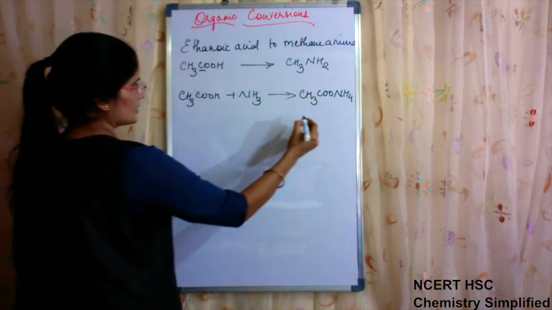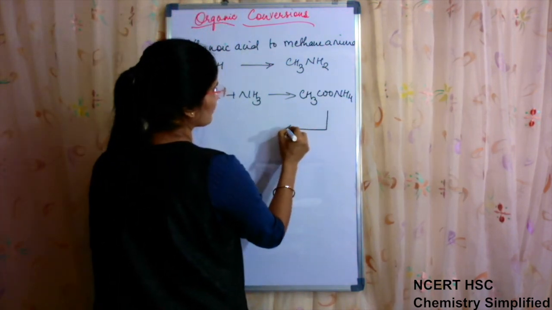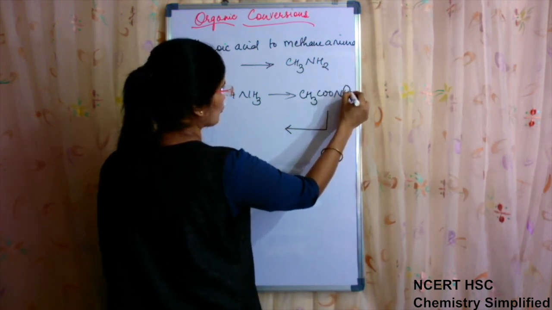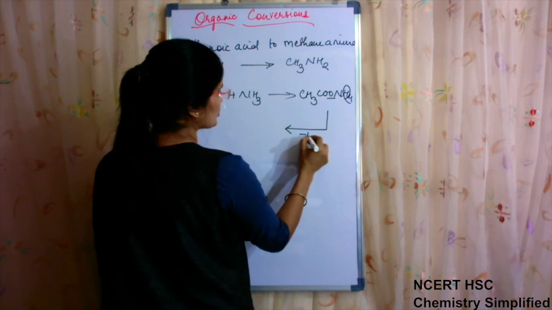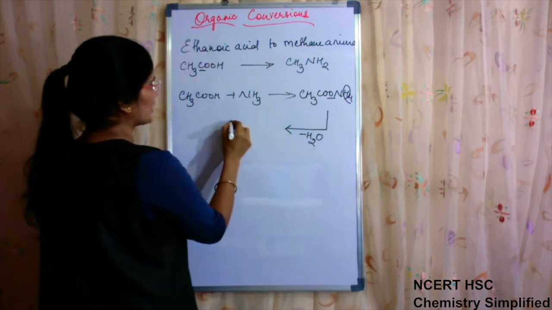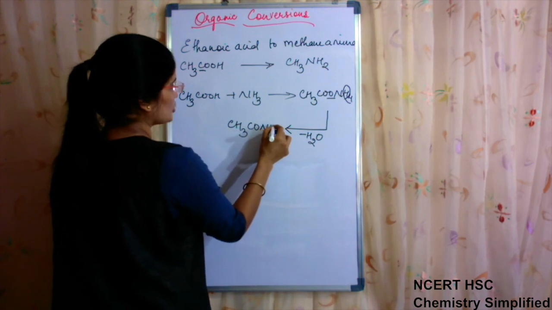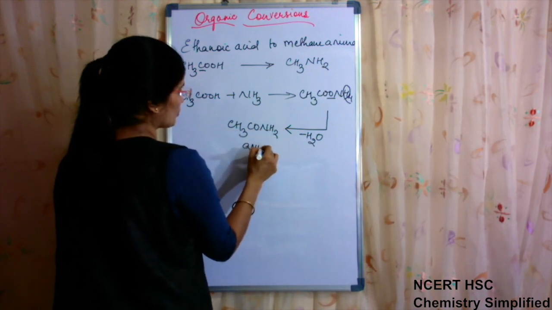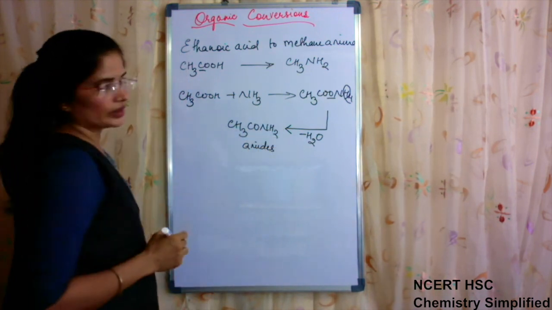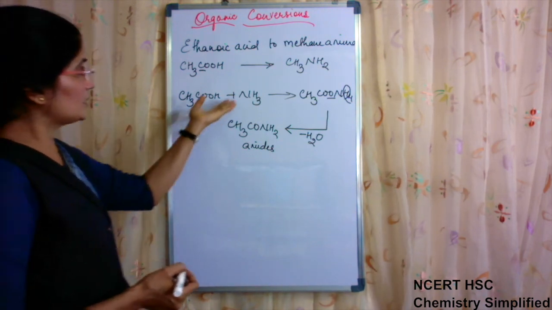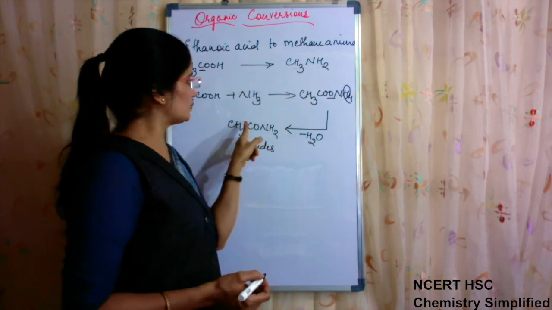Then in the next step, this loses one water molecule, H2 from this, and O minus H2O takes place, and we get CH3CONH2. Amides are formed.